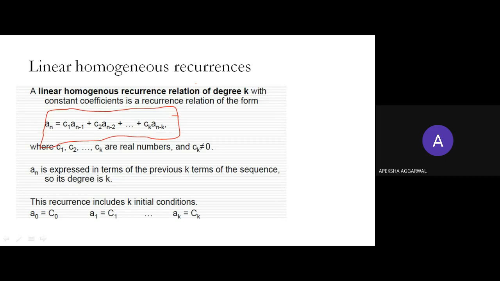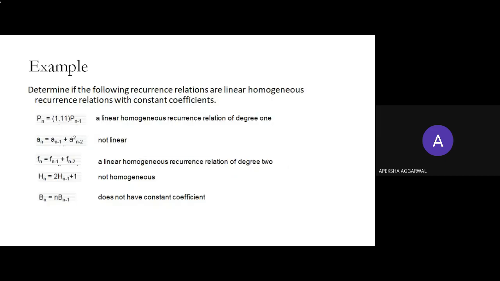For example, now these are all examples of recurrences. First of all, this is Pn. You have to tell me whether it's a recurrence. Yes, it's a recurrence because some constant is there and Pn is calling Pn minus 1. This is a recurrence. This is a recurrence, but it is non-linear.